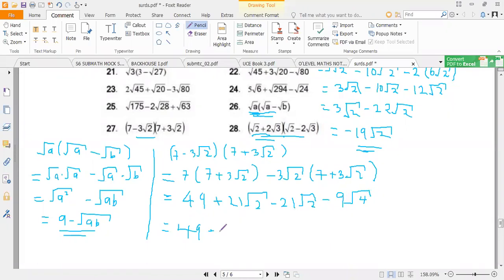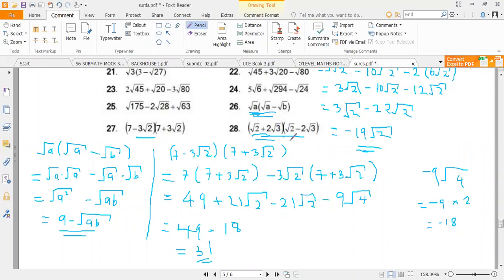So negative 9 root 4 will be the same as negative 9 times 2, which will give us negative 18. So basically it's 49 minus 18. And what answer do we get from here? 31. So the answer is 31.